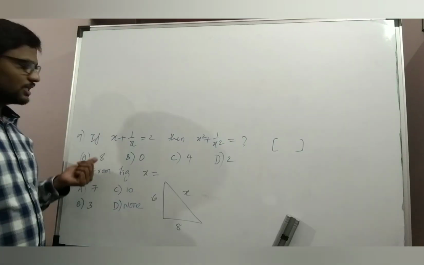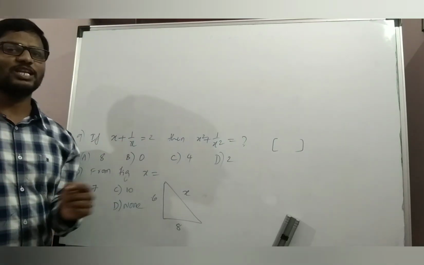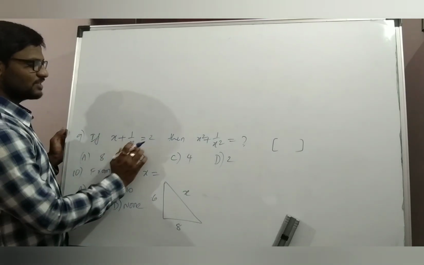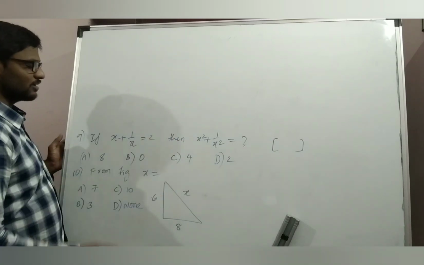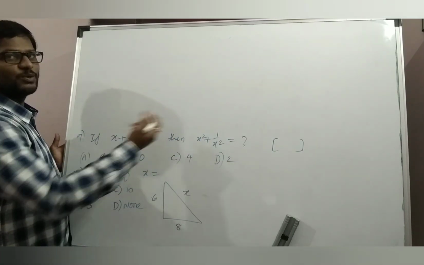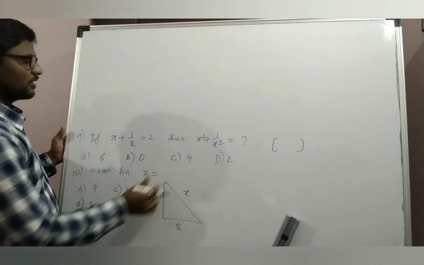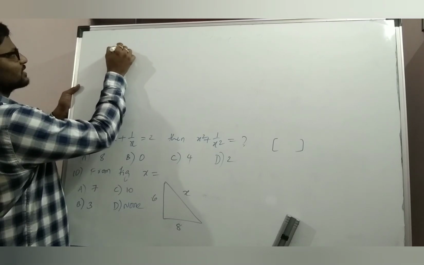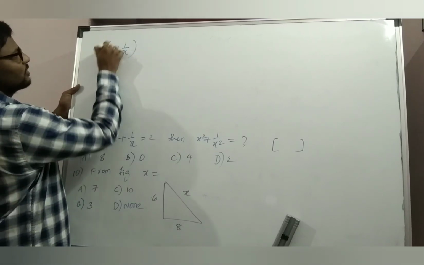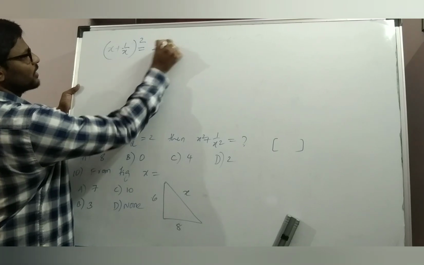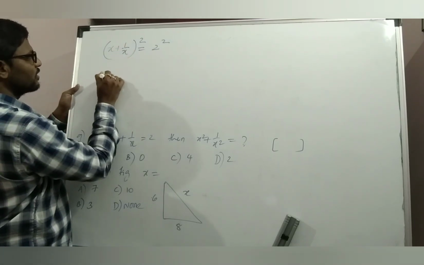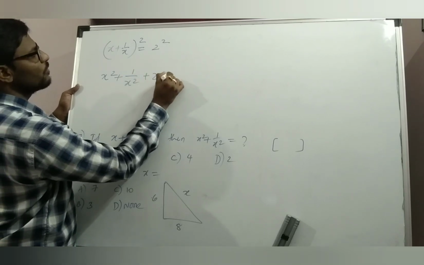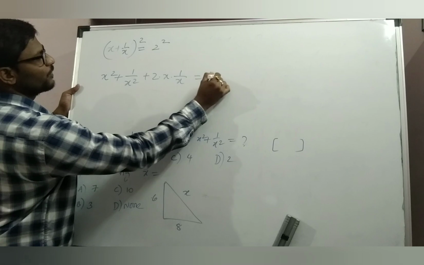Question: if x plus 1 by x equal to 2, then what is the value of x square plus 1 by x square? Don't square just this number. To get x square plus 1 by x square, I am squaring on both sides. (x plus 1 by x) whole square equal to 2 square. (a plus b) whole square is a square plus b square plus 2 into a into b, equal to 4.